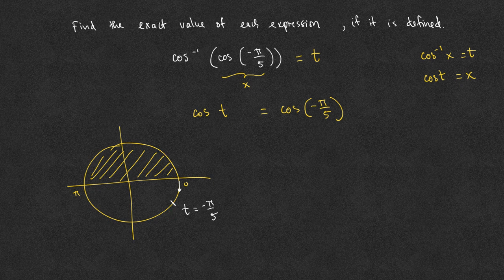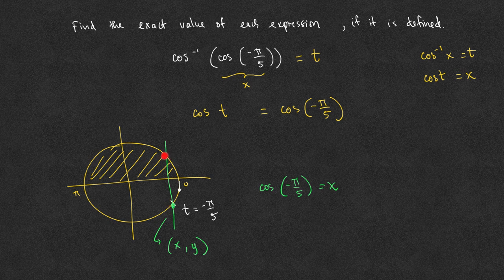Since this is the x coordinate, we're going to draw a vertical line. The x coordinate of this point, whatever it is, is cosine of negative pi over 5. What are the t's that would give us the same x coordinate?